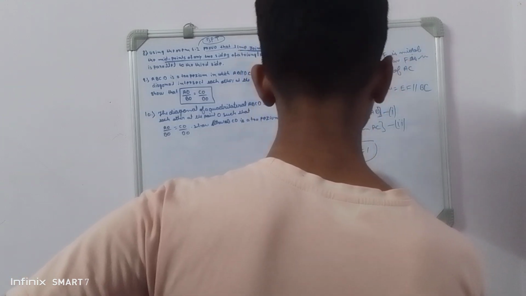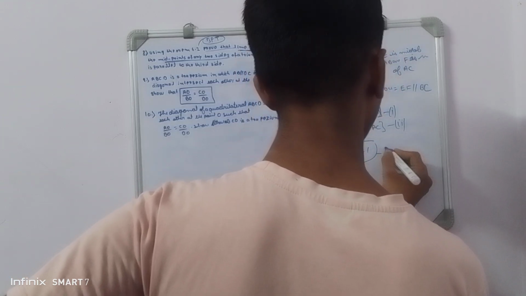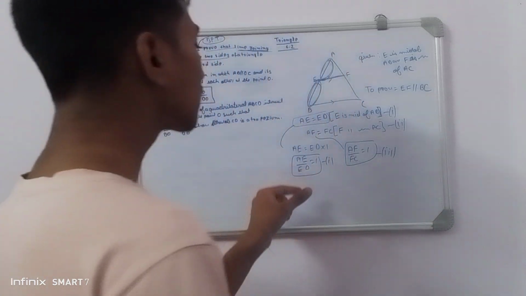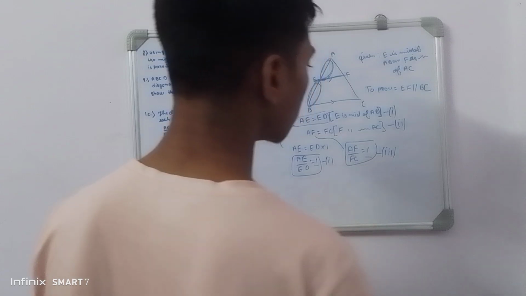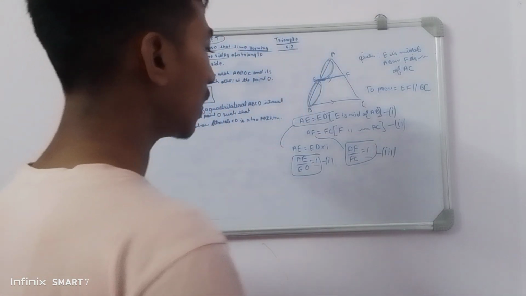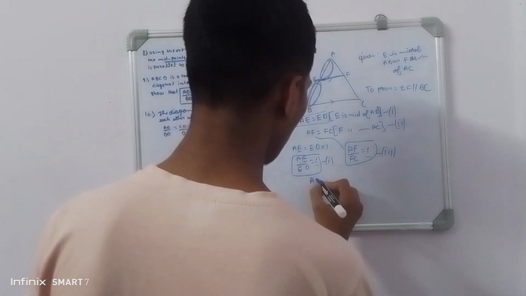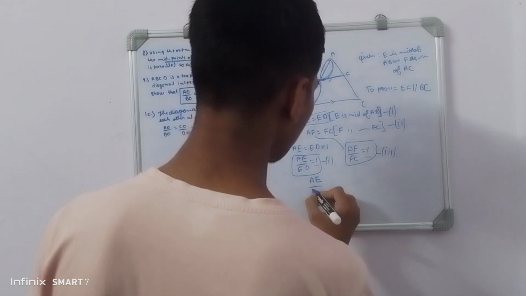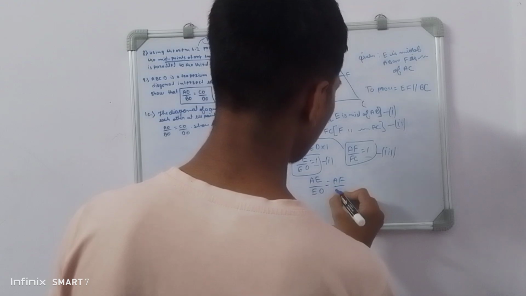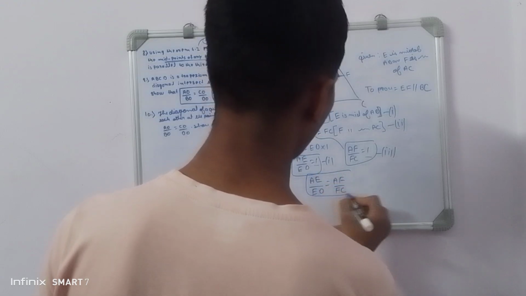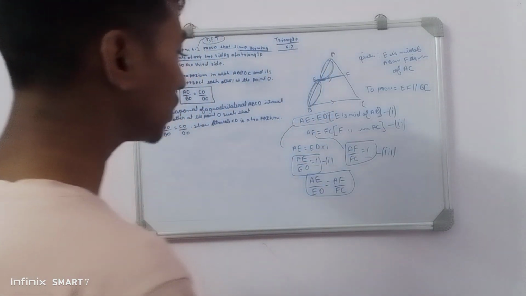So this is the first equation, this is the second equation. Now on closer observation, the RHS in both equations is equal, so the LHS will also be equal. So from 1 and 2 you can say that AE by EB is equal to AF by FC, because the RHS is equal.